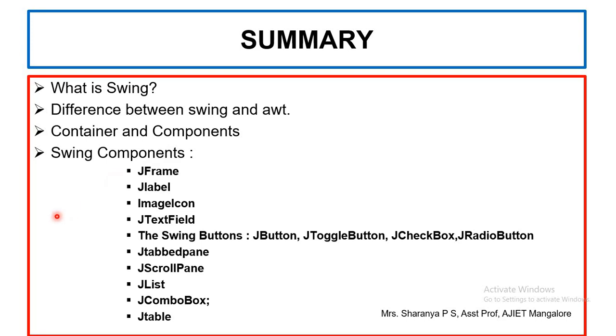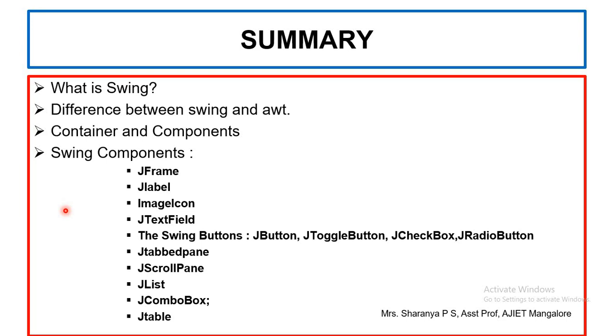As a summary, in this Swing session, we have discussed different aspects of how we can create the graphical user interface. Swing is a component which is used by Java developers to create the Java graphical user interface.